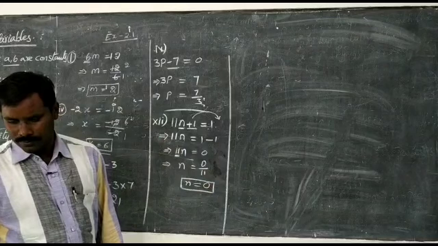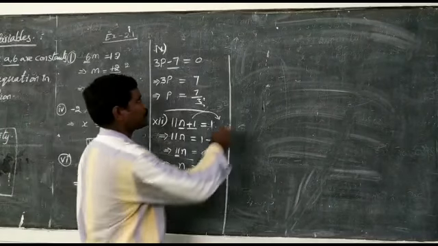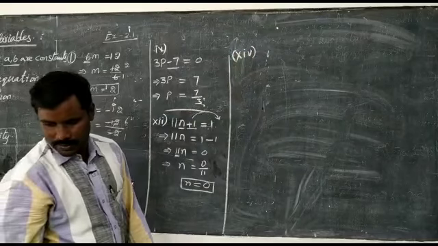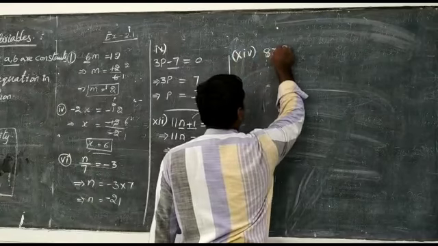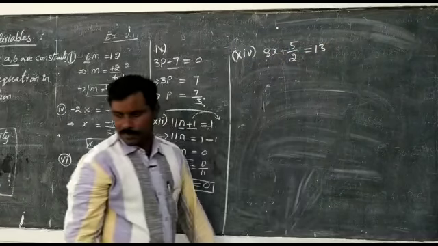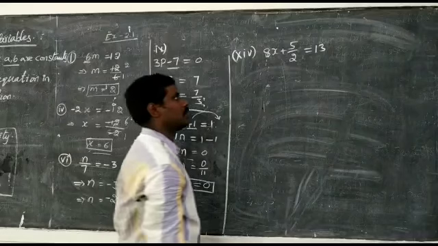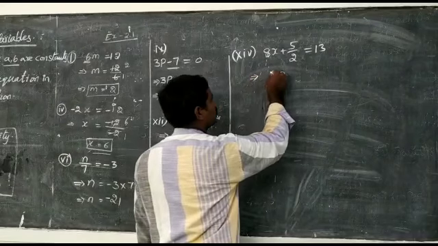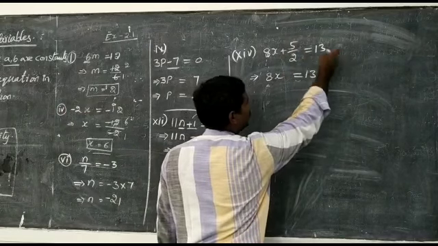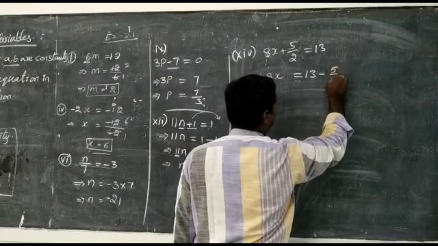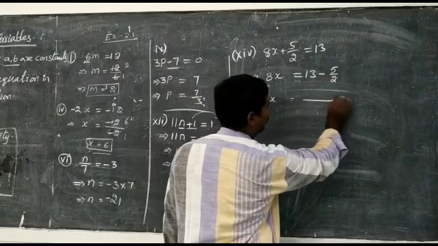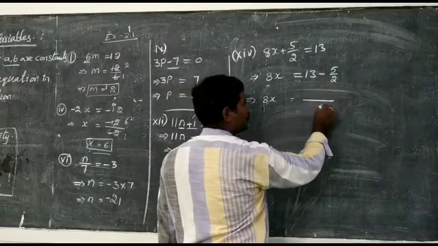Now the 14th one. 8x + 5/2 = 13. Same process: 8x = 13, the plus is transposed to the RHS side and becomes minus. Find the LCM on the RHS side, which is 2.